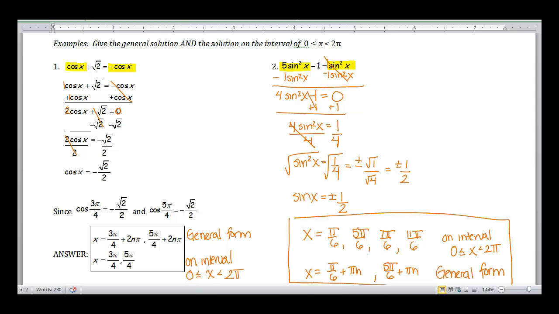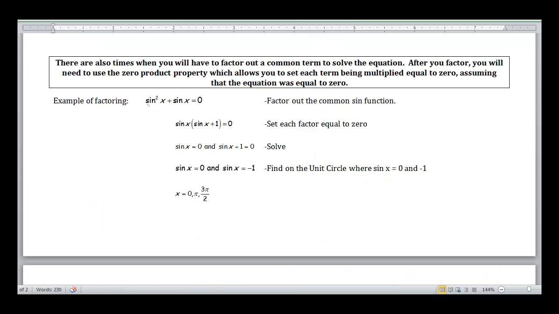Let's now look at when we have to factor out a GCF below. Here, I see that sine squared x and sine to the first power x are not like terms, but they are the same function. So I could factor out essentially a GCF. And so if we think back to simple Algebra 1, if you had the function 2x plus 4, you could factor out a GCF of 2.